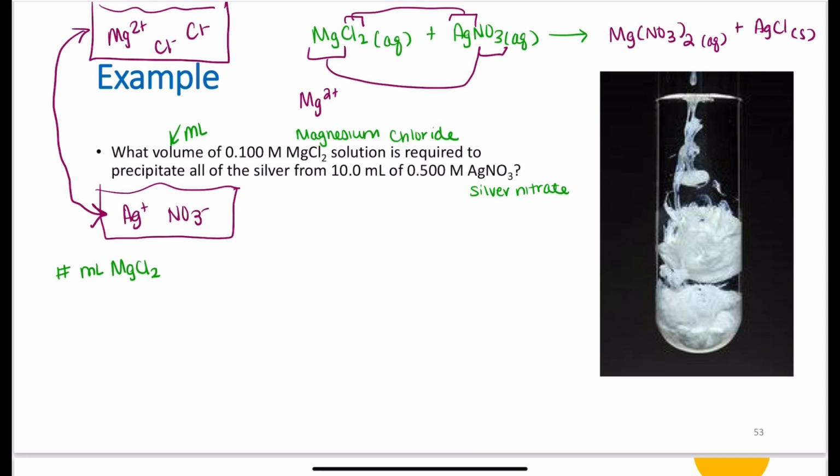And I see that my chloride ions will pair up with my silver ions in a 1-to-1 ratio. What that does is leaves behind my magnesium and my nitrate ions, and in the molecular equation I write them together, but really my magnesium and nitrate are my spectators.